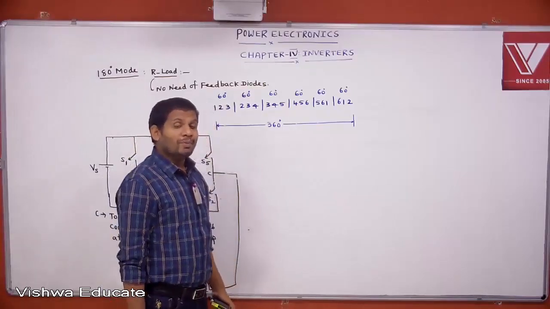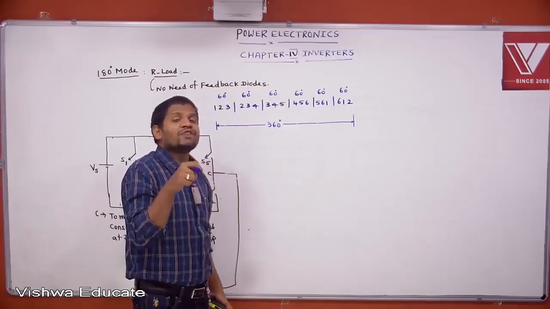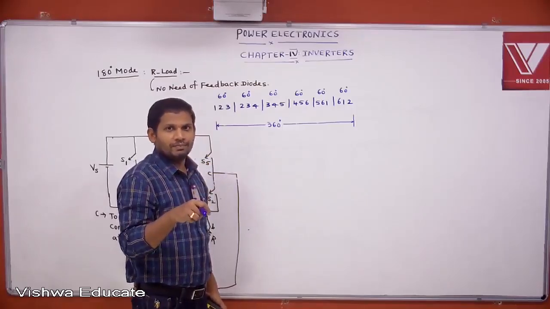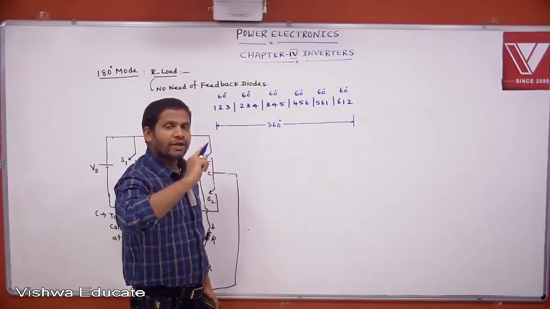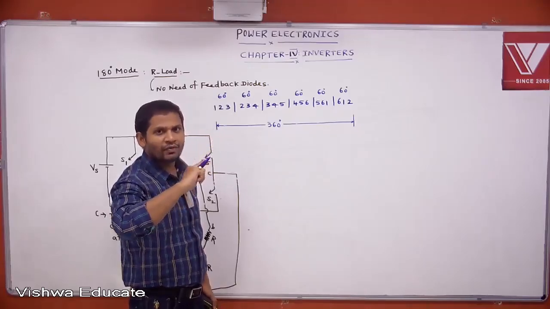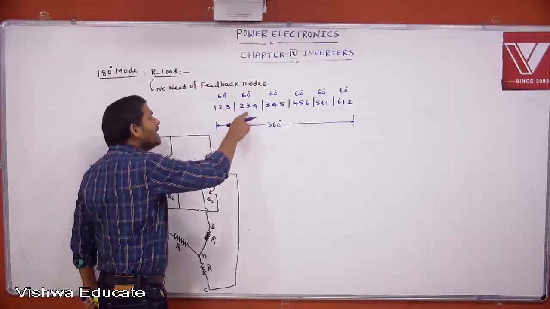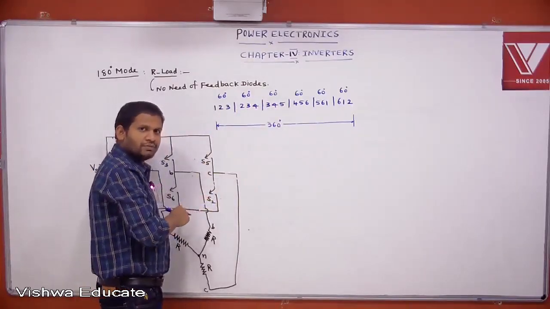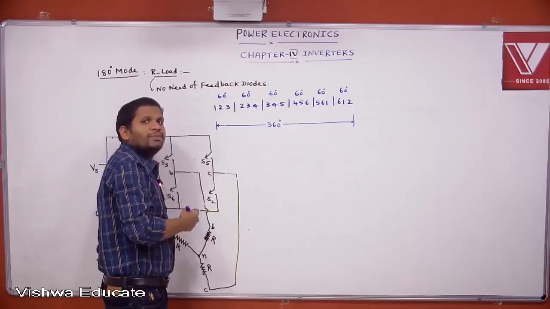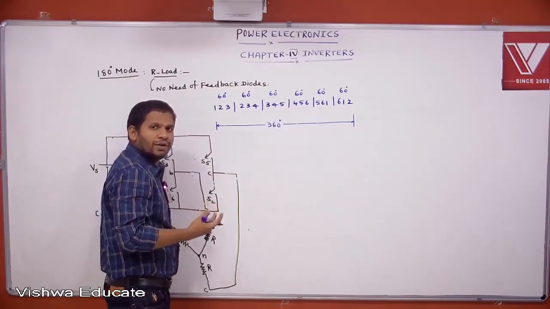But point to remember, each switch is triggered at an angle of 60 degrees. Each switch is allowed to conduct for 180 degrees, no doubt at all, but at every 60 degrees we are triggering a switch. Here switch means it may be BJT, MOSFET, thyristor, or IGBT, any switch.